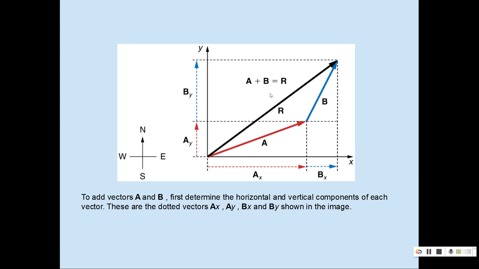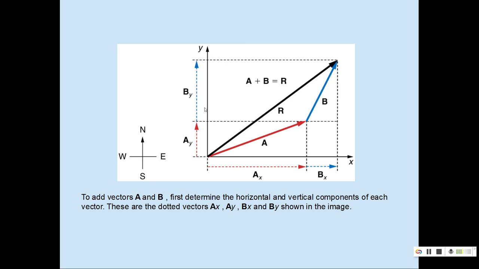You have one for the x direction and one for the y direction, and it does work out just as simply as you would want it. ax plus bx equals rx, ay plus by equals ry, right? So it's two different formulas baked into this one two-dimensional vector formula. Again, just visually you can see it. We have a plus b, ax and bx together are going to give us how far r extends in the x direction, right? It has to, based on how we have this drawn and how we define these vectors.